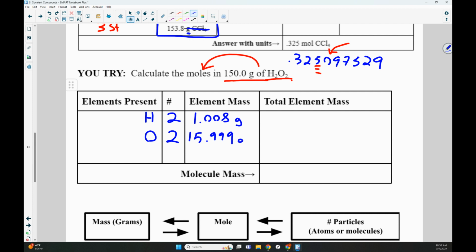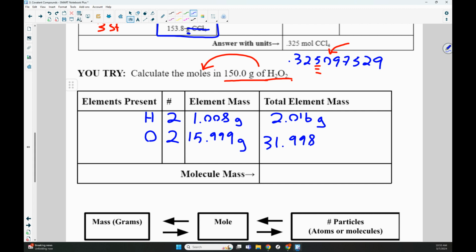Both of those are in grams. So if we multiply 1.008 times 2, we get 2.016 grams. And if we multiply 15.999 times 2, we get 31.998 grams.